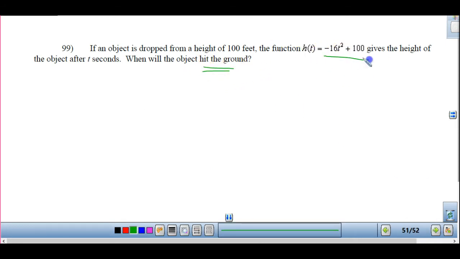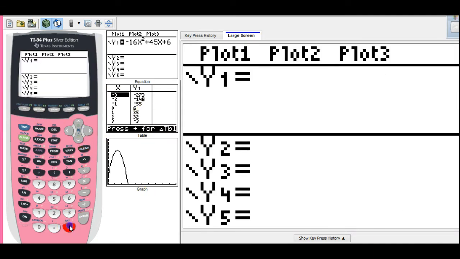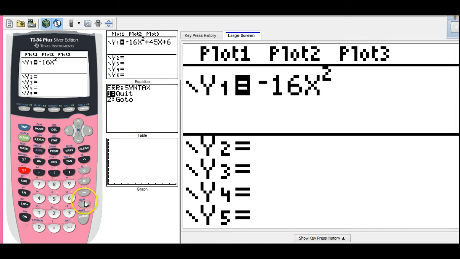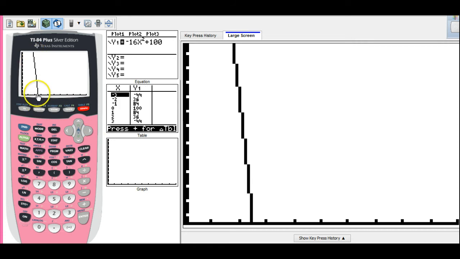So see if we can type this in the right way this time. Negative 16 t squared, and then plus 100. So I hit graph. Okay, can't see the top, but since I don't need the top, I'm going to be okay, because what I'm looking for is when it hits the ground. And when it hits the ground is this guy right here.